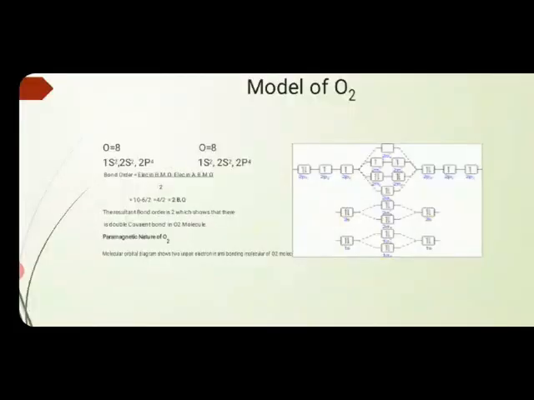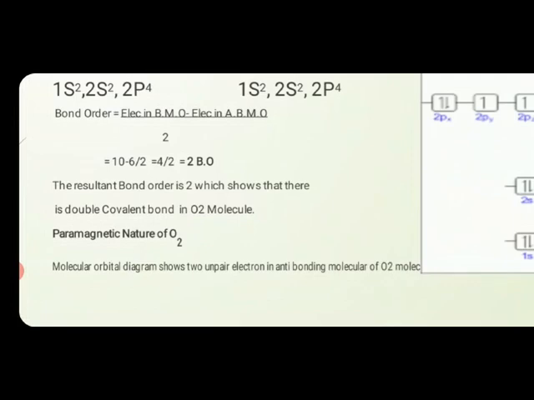So bond order is the total number of electrons in bonding minus the total number of electrons in antibonding, divided by 2. There are a total of 10 electrons in bonding and 6 in antibonding, and their difference divided by 2 is equal to 2. So the bond order for the oxygen molecule is 2, which simply means that oxygen has 2 covalent bonds in it.